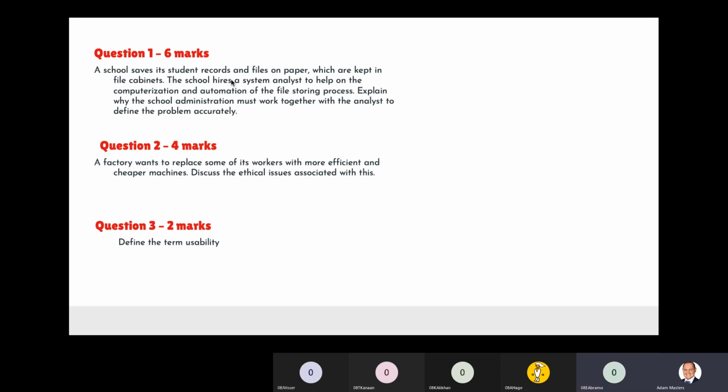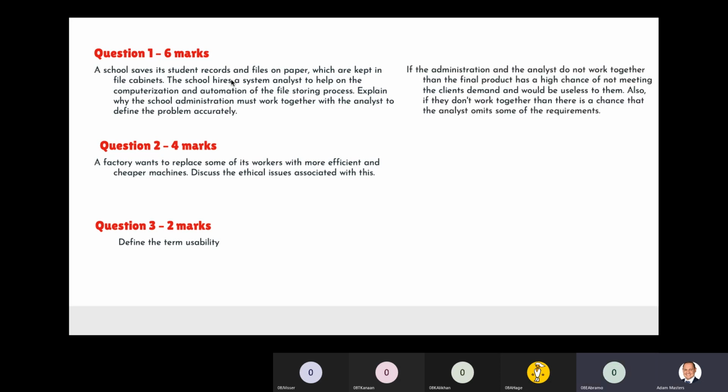We need to make sure that what the program is trying to do fits with the requirements of the school. If the administration and the analyst don't work together, then the final product has a high chance of not meeting the client's demand and would therefore be useless to them. Also, there's a chance that the analyst omits some of the requirements.